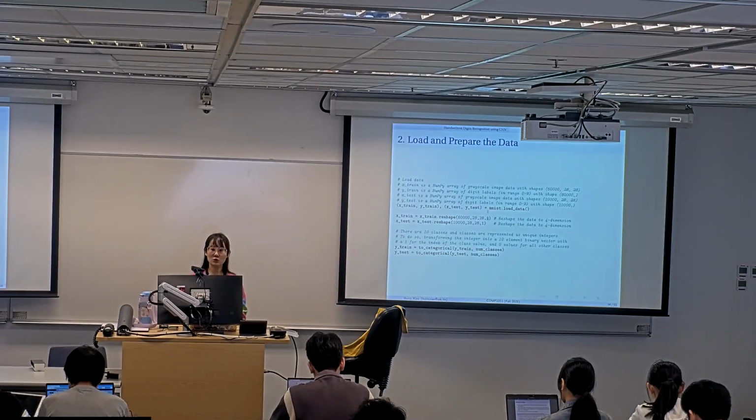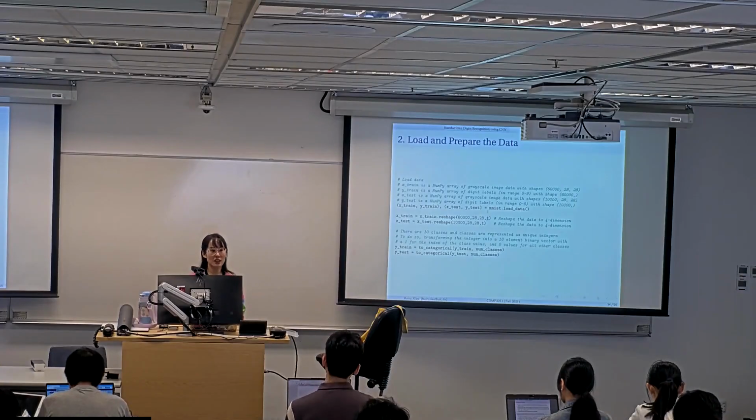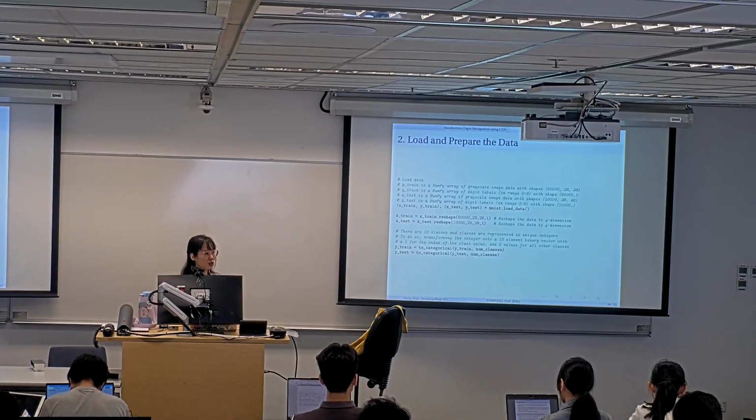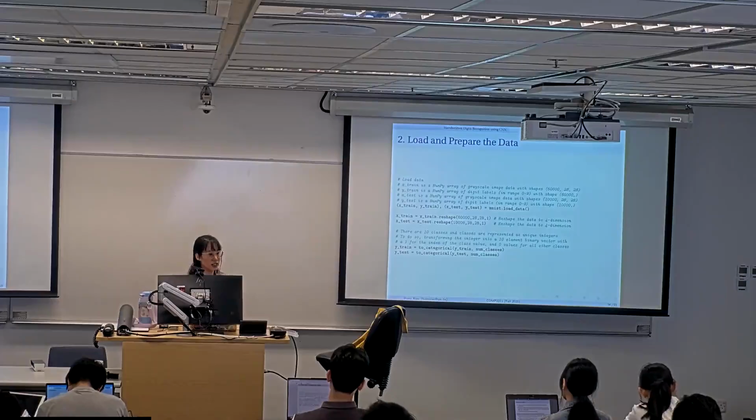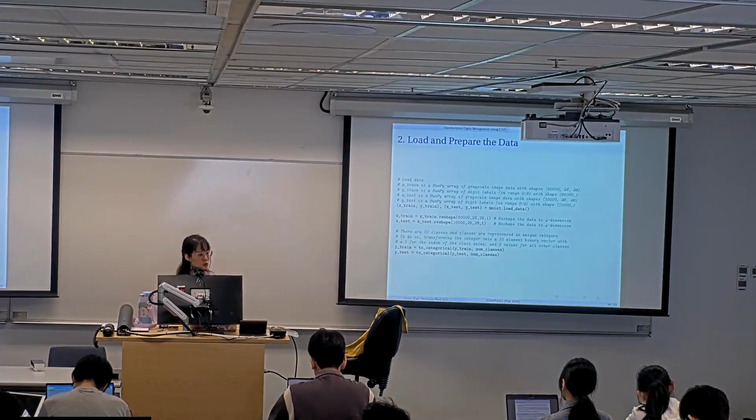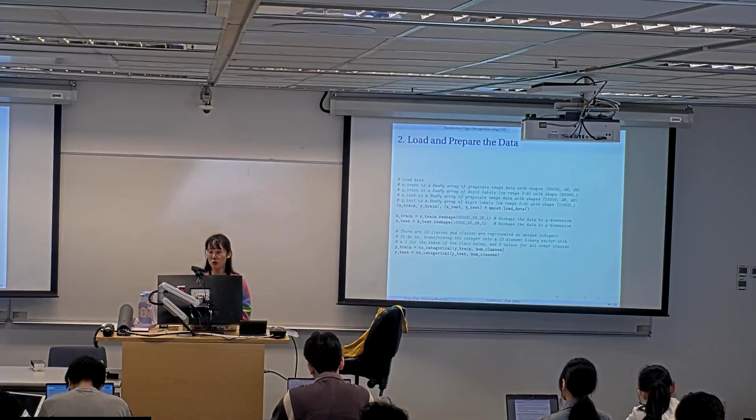We still need to do some steps to process our labels. So here, for the labels, we do the one-hot encoding. We introduced a little bit about one-hot encoding when we introduced the cross-entropy loss. If you still remember the cross-entropy loss, the labels Y are represented using one-hot encoding.